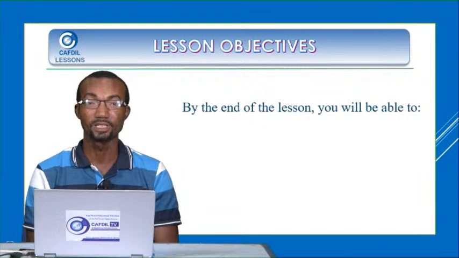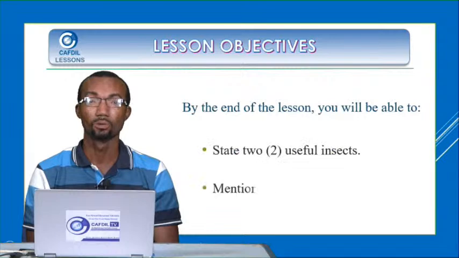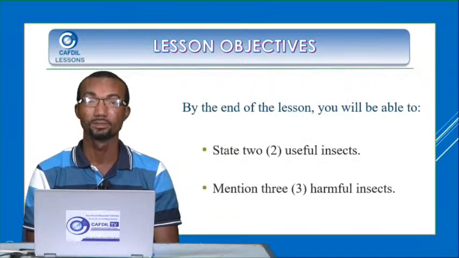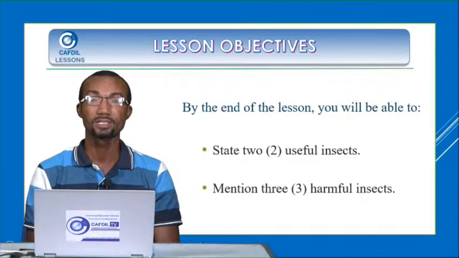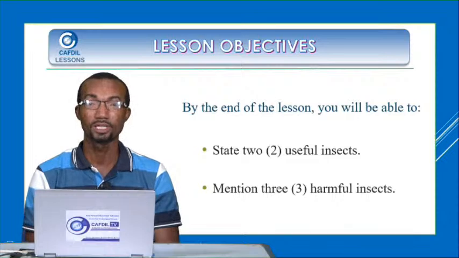Now, let's move to the objectives of today's lesson. By the end of the lesson, you will be able to: 1. State 2 useful insects. And 2. Mention 3 harmful insects.